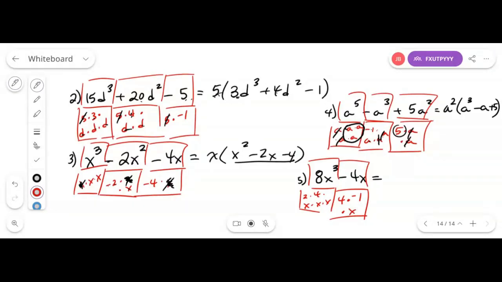Ooh, some of y'all are changing your mind. If I just take 2, if I do this as 2 times 2, I'm still left with this 4 that has a 2 in it. So I've got to recognize that 8 is 2 times 4, and there's a 4 over here. There's a 4 in both of those. So what's coming out is 4x. We're left with 2x squared minus 1.